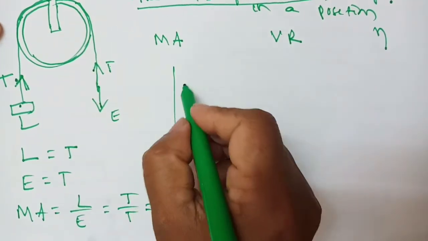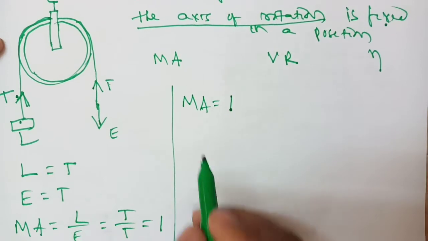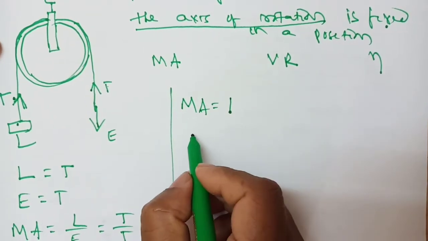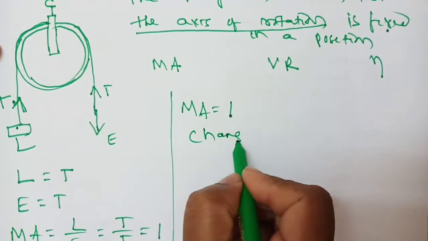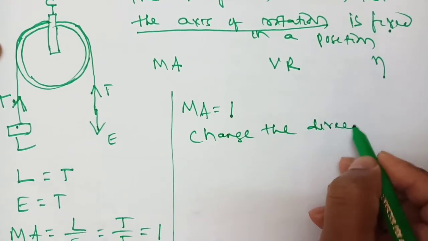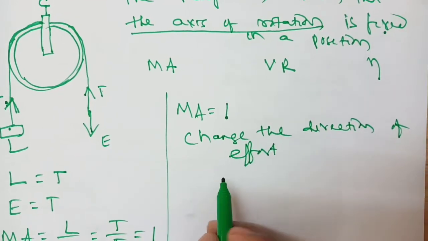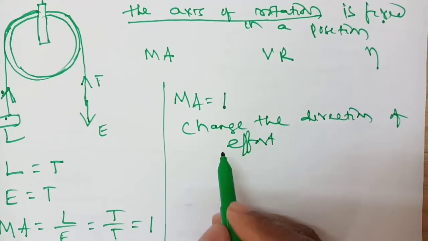So as mechanical advantage is equal to 1, what is the function of this pulley? I told you it is used to change the direction of effort.